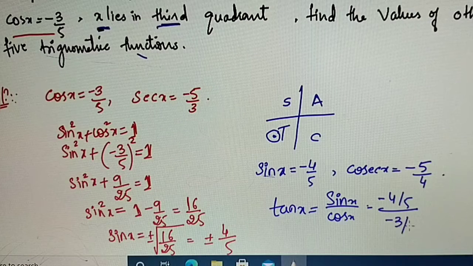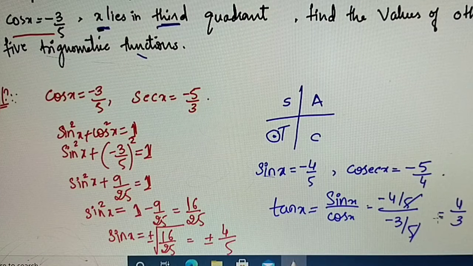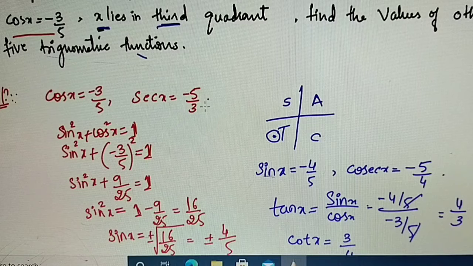This 5 gets cancelled, and minus by minus becomes plus, so you will get 4 by 3. So tan x will be 4 by 3. Similarly cot x is equal to 3 by 4, which is the reciprocal of tan x. So here we got all the trigonometric function values, that is we calculated sec x, next sin x, next cosec x, next tan x, and next cot x.